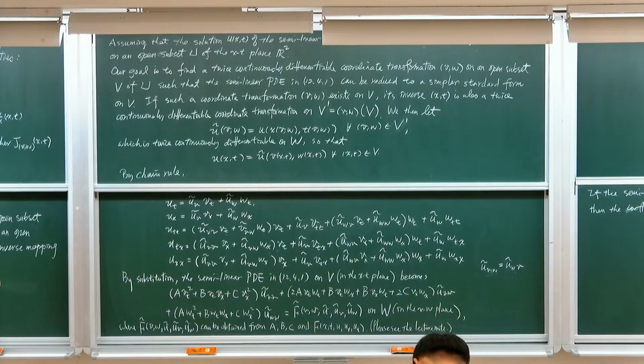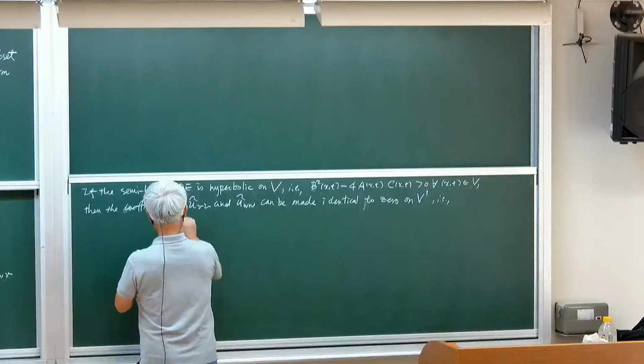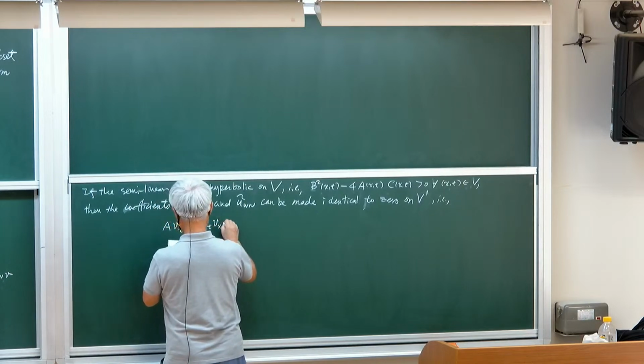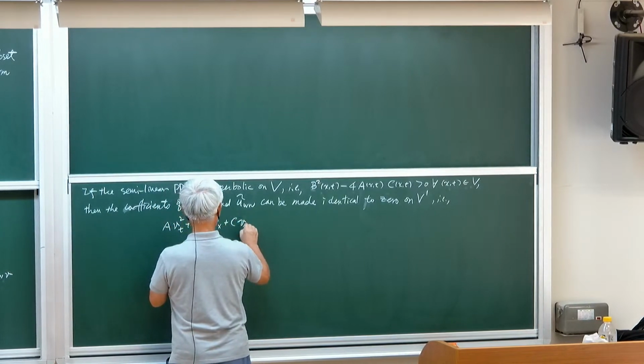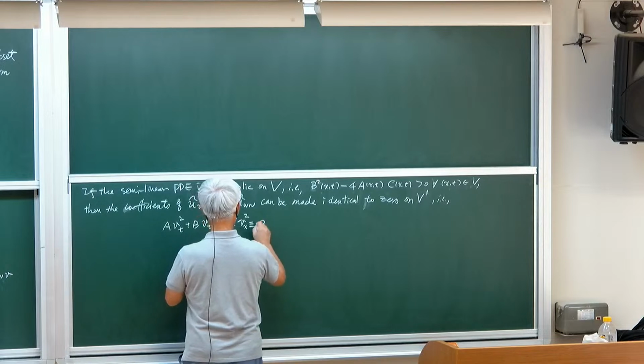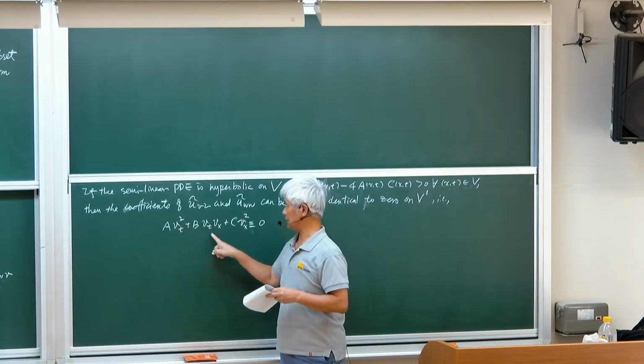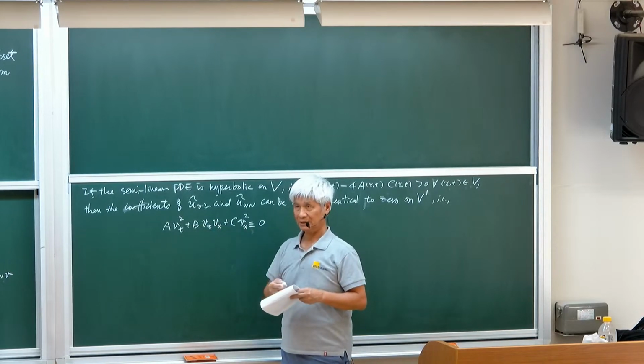On V prime. So that means that A square of Vt plus B Vt Vx plus C square of Vx is equal to 0. So identical to 0, because this is a function of x, t.